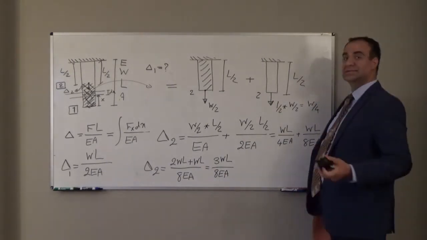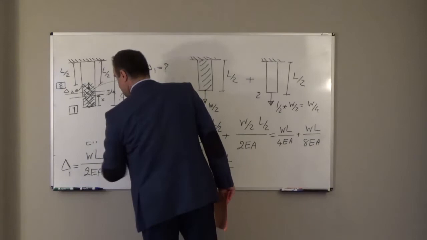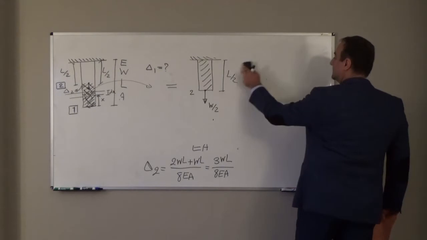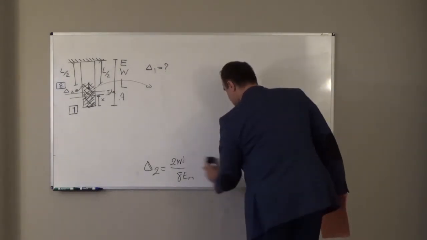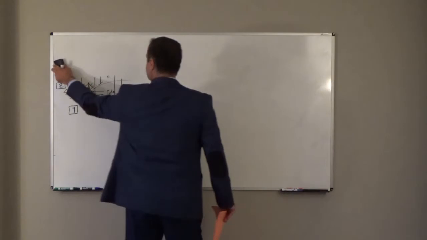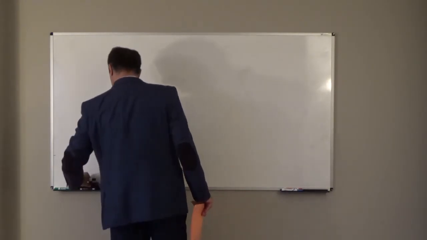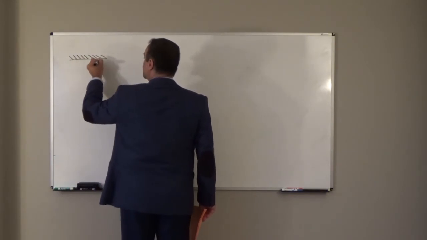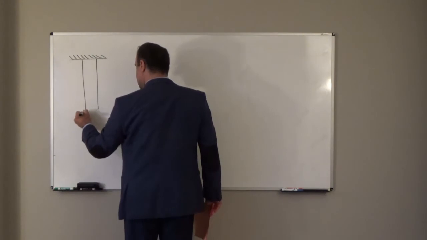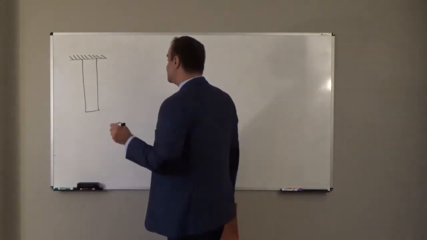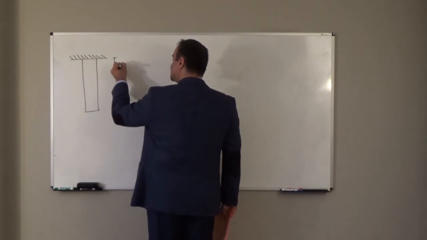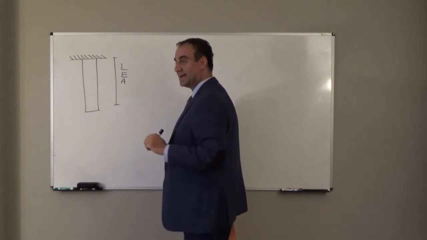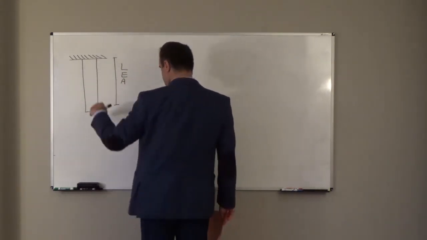So if I summarize everything one more time: if I have one bar hanging from the ceiling under only self weight, the length of this bar is L, the Young modulus is E, the cross-sectional area is A, and it is constant in the entire rod.